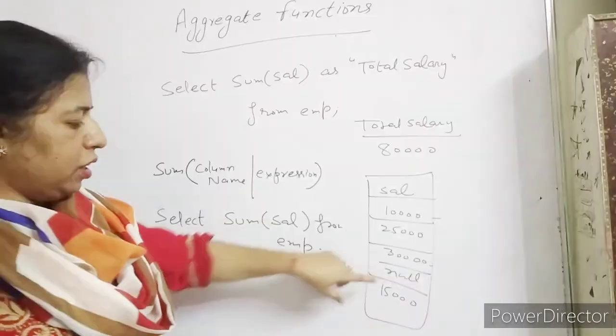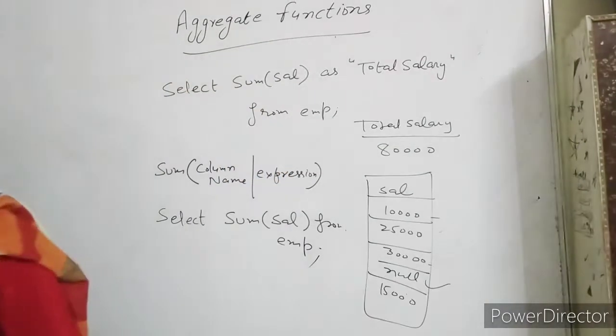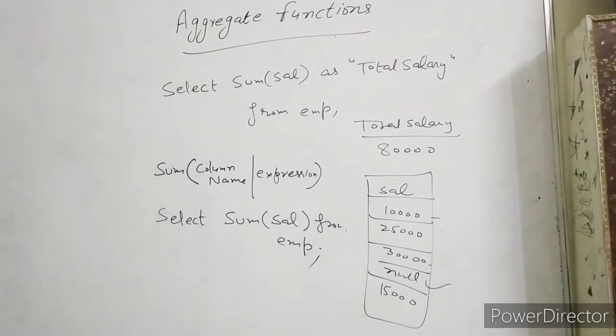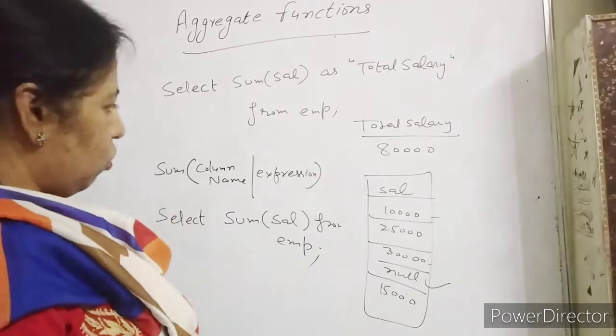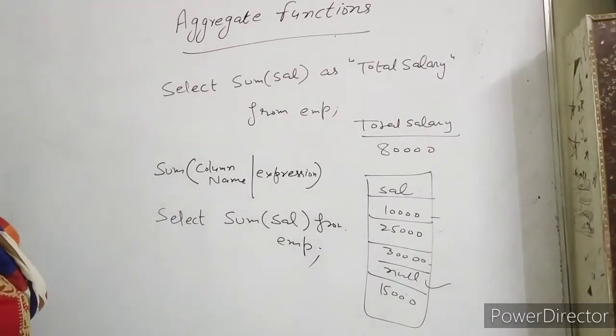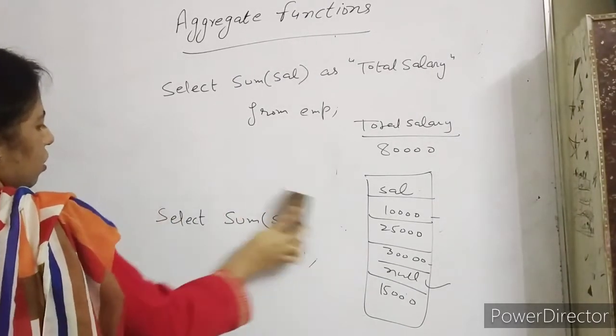Now you can see that in this column one value is null. While calculating the aggregate value for sum, the null value is ignored, because you all know that if we consider the null value in the total, then the whole value would be null. While calculating sum, average, max, min, null values are ignored. So the total value is 80,000 for the sum of salary.